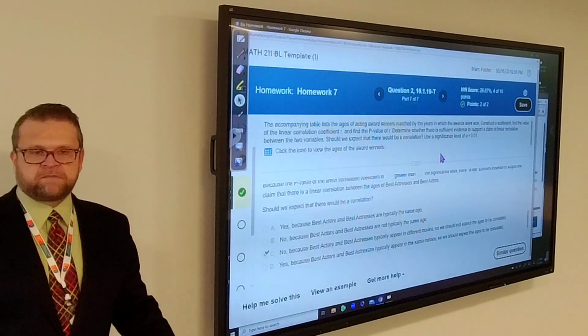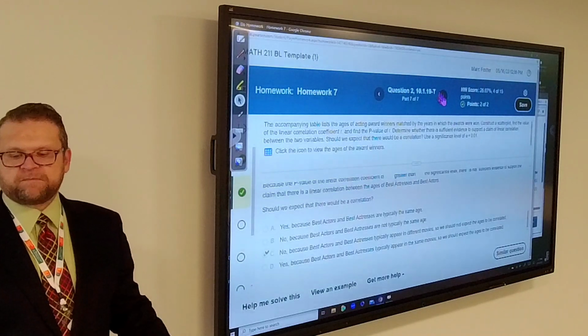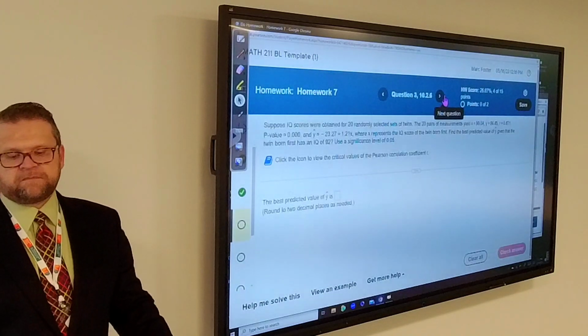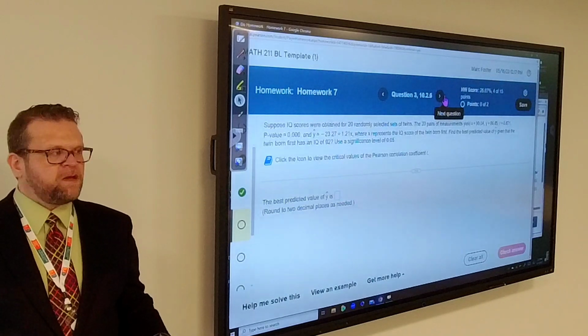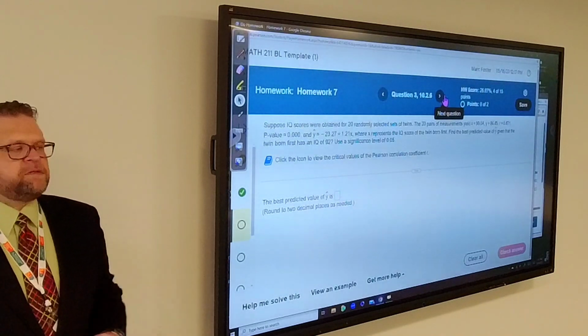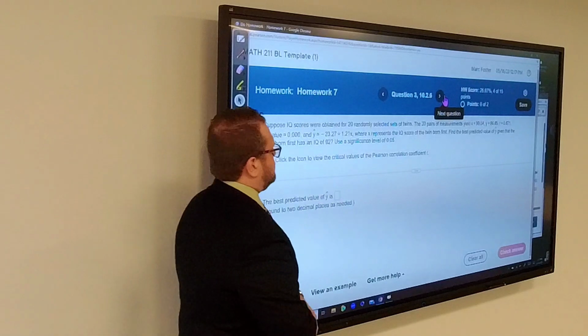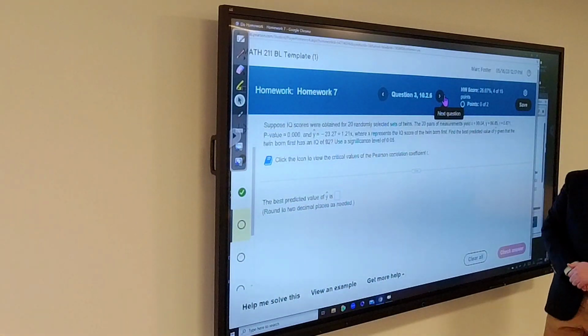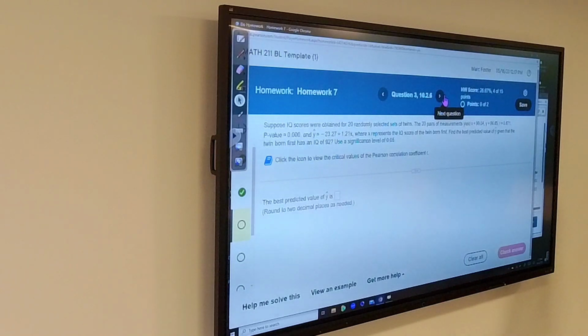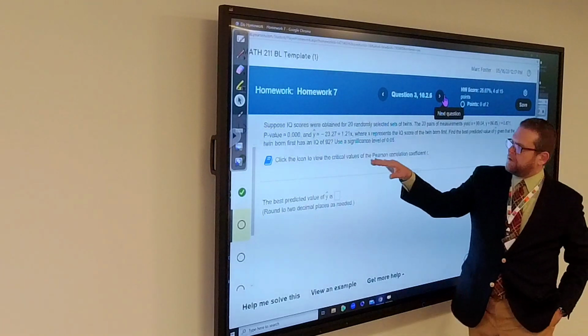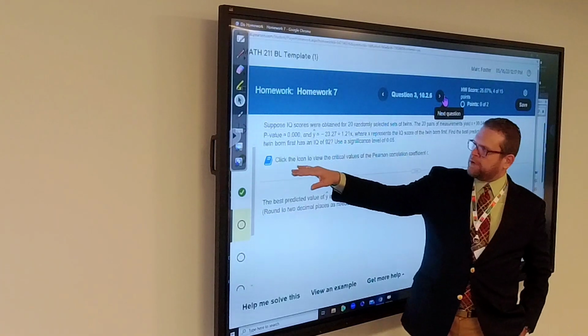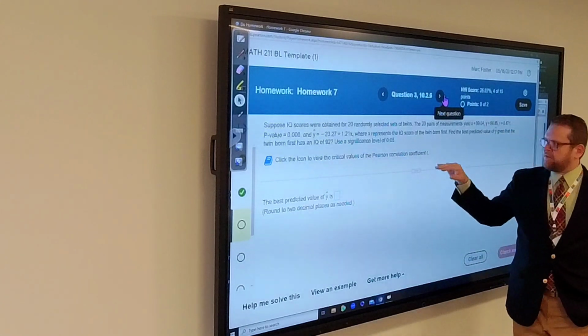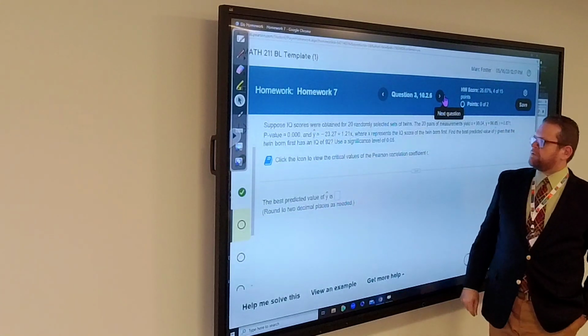That's question 2. This is question 3. There's nothing to open in StatCrunch. And this idea here of these critical values, I don't remember if they even ask a question where this is used.